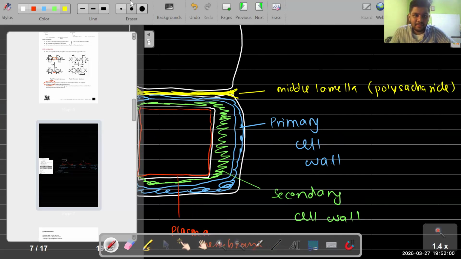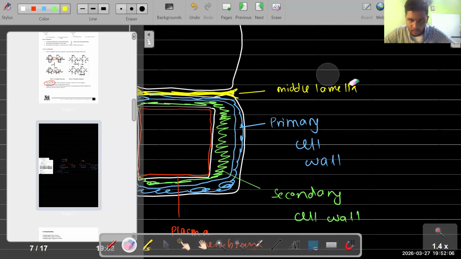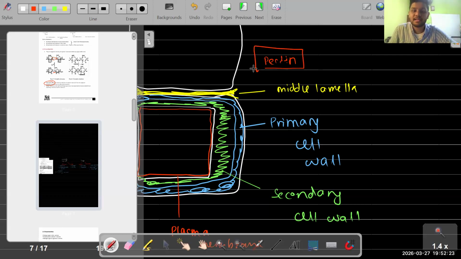Now, middle lamella, wait. I hope this will sometimes confuse you. This middle lamella is a structural component, right? This middle lamella contains a polysaccharide. What is that polysaccharide? Pectin, right? This pectin is a structural polysaccharide which is present in this middle lamella. Can you understand that? Middle lamella is a location.